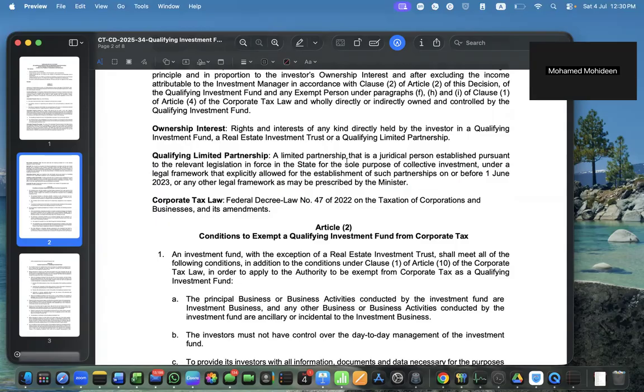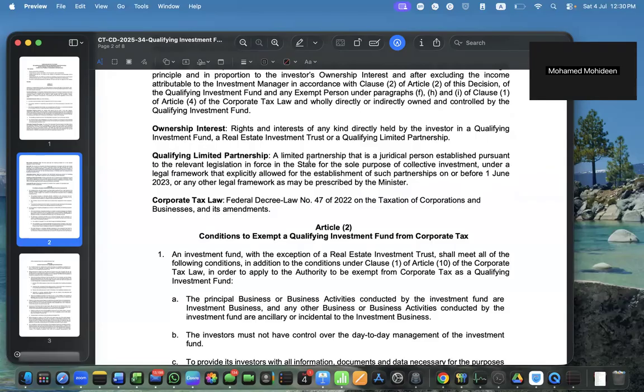A limited partnership that is a juridical person, so it's kind of an LLP, established pursuant to the relevant legislation in force in the UAE for the sole purpose of collective investment under a legal framework that explicitly allowed for the establishment of such partnerships on or before 1 June 2023. Why this date? Because that's the date the corporate tax law came into force in the UAE, right?